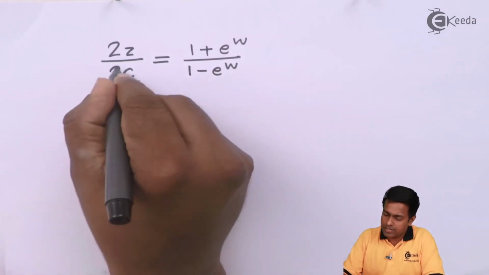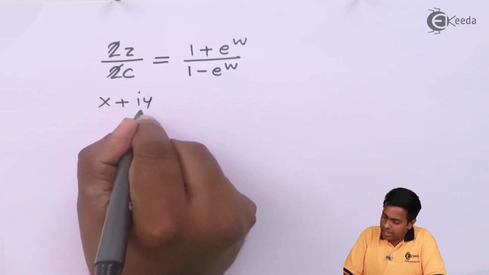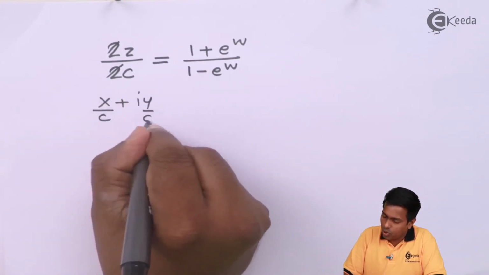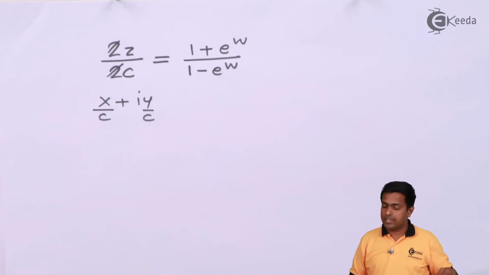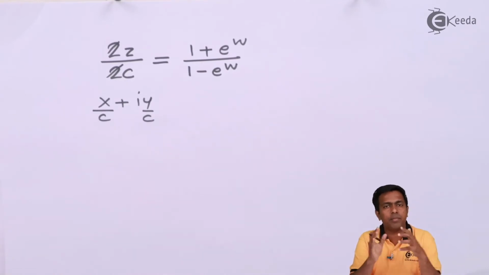Now guys, 2 and 2 cancel. This z is x + iy, and we can separately divide x + iy by c. Now you can observe that on the left hand side we got the real part and the imaginary part. The real part is x/c and the imaginary part is y/c.